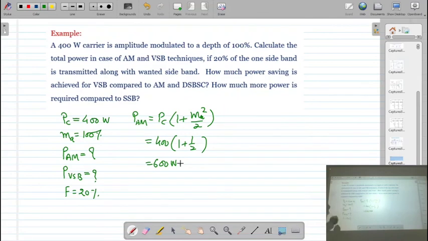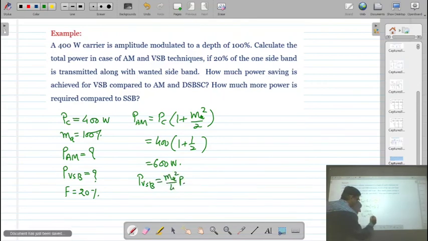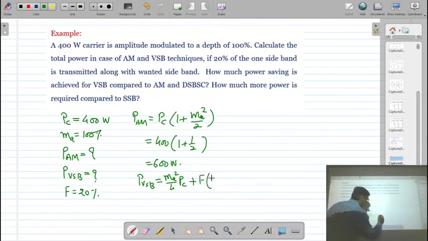Now the power of the VSB. Power of the VSB means we have to calculate the power of one of the sideband frequencies and 20% of the other sideband frequency. So PVSB is written as ma square by 4 into Pc, that is the power of one of the sideband frequencies, plus the fraction of the other sideband, ma square by 4 into Pc.